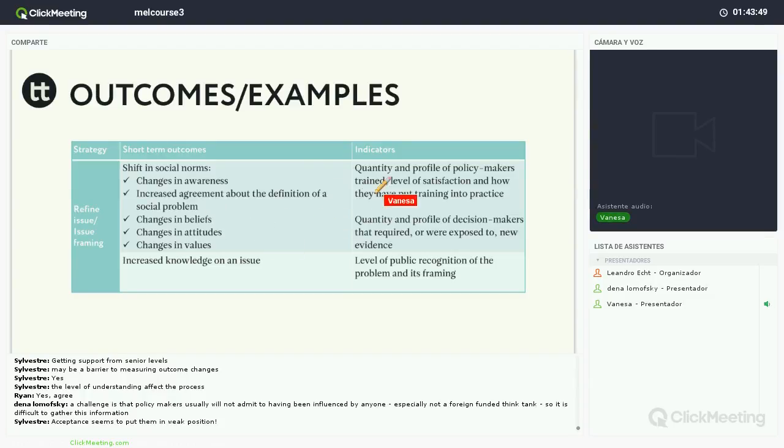This is a two-way direction. Usually when we think and devise MEL plans and programs, we start laying out the outcomes and the changes based on the planning, and we start thinking about some indicators. But then, of course, some of you were raising this point about resources and time.